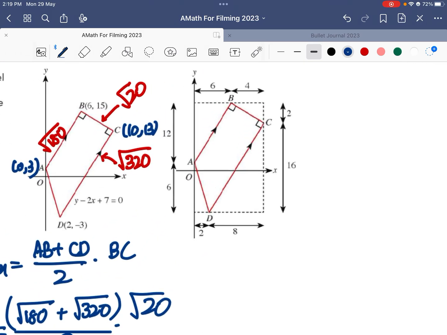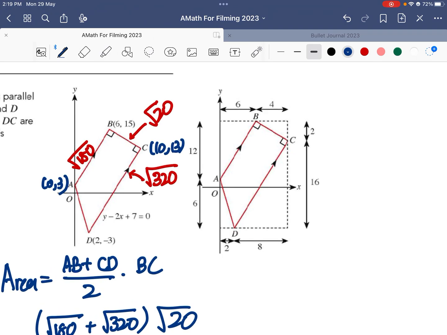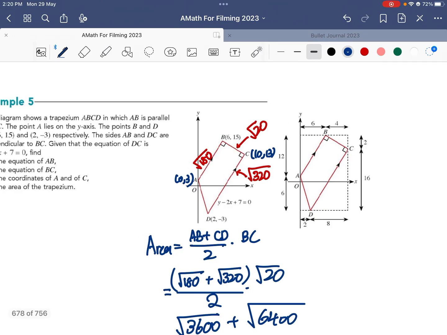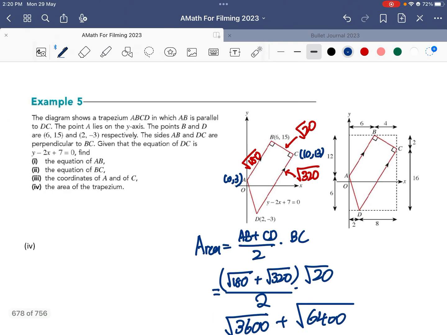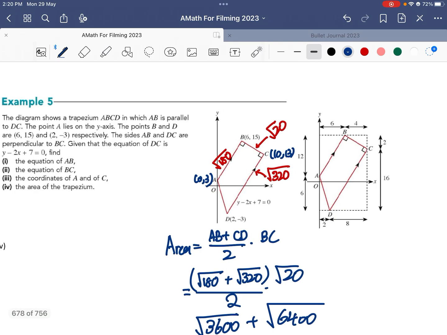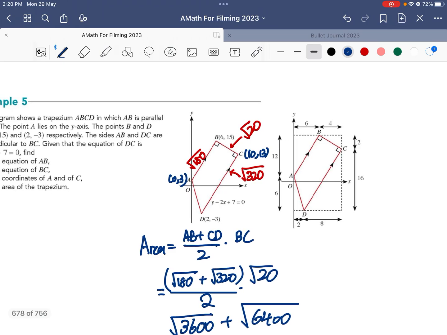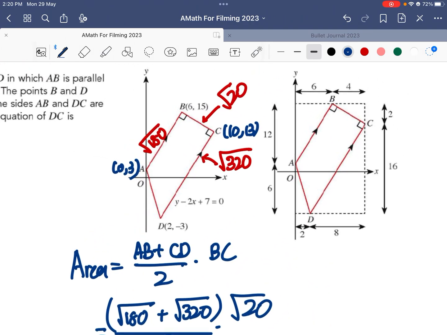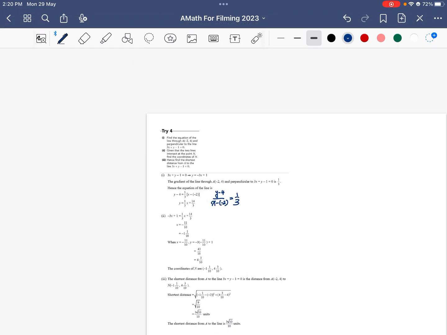It's a bit convoluted, but I think it's perfectly doable. The other way is to figure out from the coordinates. For example, A we calculated was 0, 3. Then you can use the coordinates to figure out each of the lengths. So for example, we found that D is 2 and negative 3.